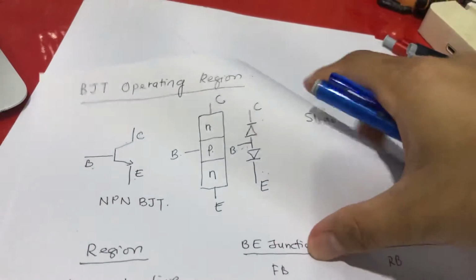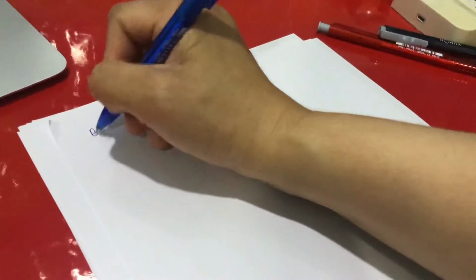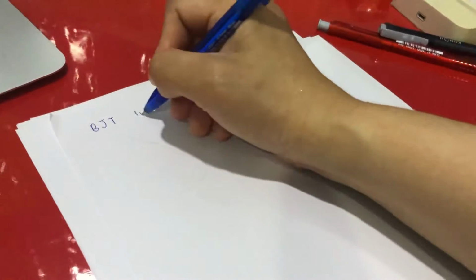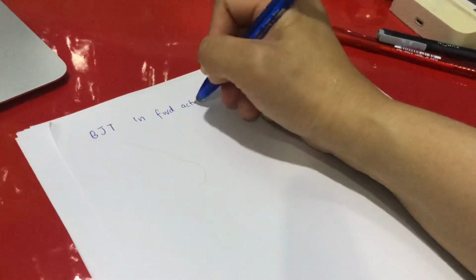So in order for us to make this BJT be in the forward active region, let me try to put this camera.